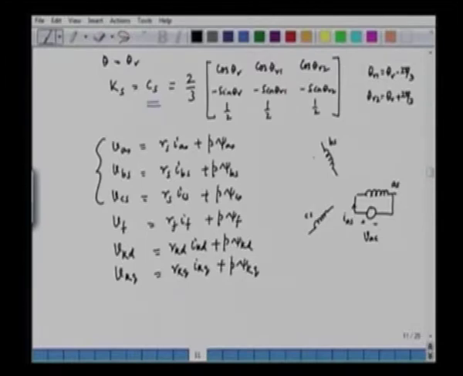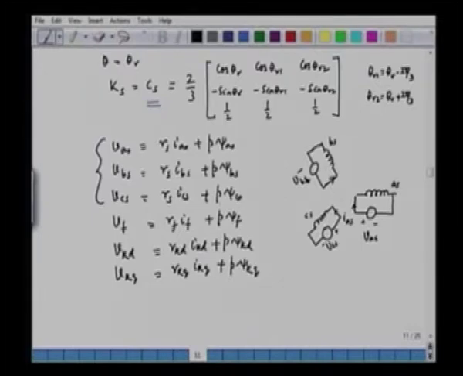Similarly, we have the voltage applied to phase B and phase C, and the currents in phase B and phase C. So, we can write down the 3 voltage equations: VAS equal to RS IAS plus P psi AS, VBS equal to RS IBS plus P psi BS, and VCS equal to RS ICS plus P psi CS.